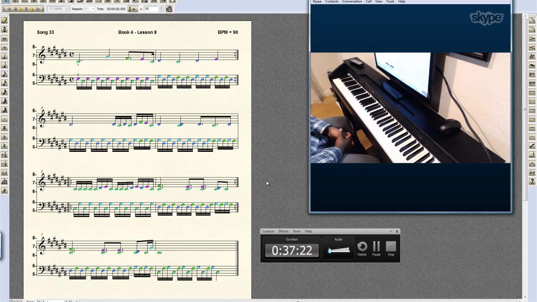So what I want you to do is try to count it from the standard perspective one time. See what happens. So you can count the 1 e and a 2 e and a 3 e and a 4 e and a.